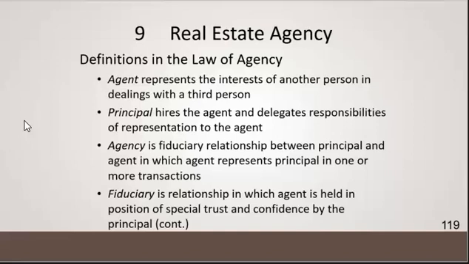The one person that we want to talk about is this person called a customer. A customer is someone with whom you have no agency. And because you don't have agency, you have a whole separate set of obligations to them. All right? So the whole name of this game, this is a very easy job. All you have to do is find a customer and turn them into a client.